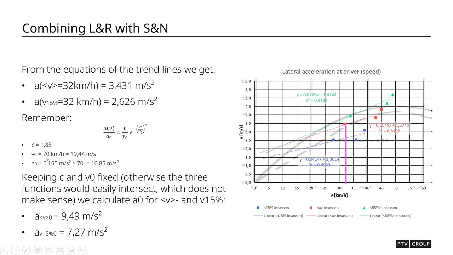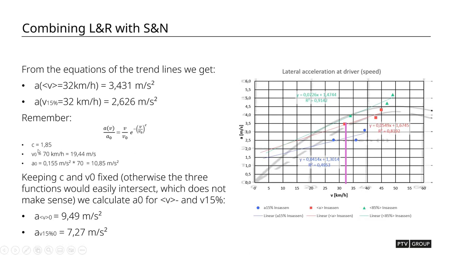And so the assumption used here is that the exponent and the V0 both keep their value, and only the A0 parameter is scaled to describe the slower cars. If we would vary this as well, we would need more information.